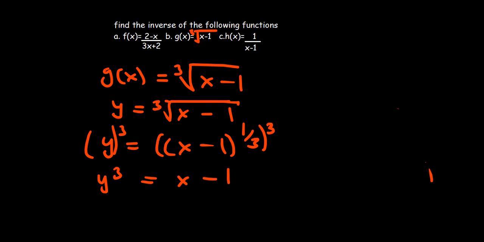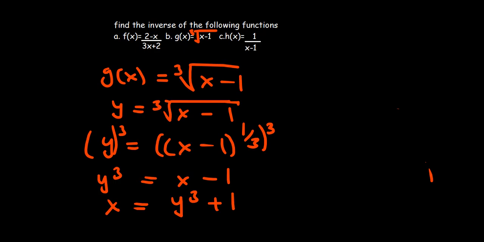So if I move negative 1 to that side and write x in the reverse, that will be x. Then when it moves, this becomes positive. The additive inverse of negative 1 is positive 1, like that.